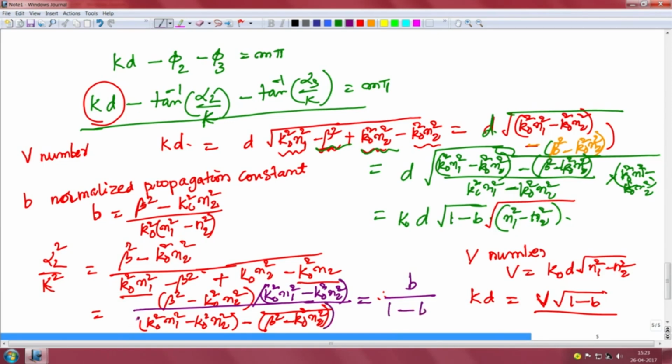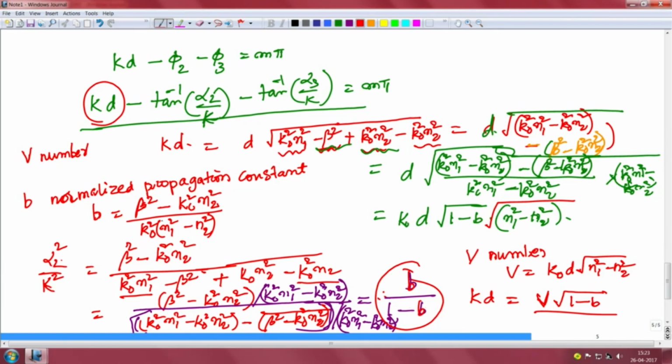Here also I will divide by k0 square n1 square minus k0 square n2 square. So, this entire expression is reducing to beta by 1 minus b, b by 1 minus b. So, alpha 2 square by k square is equal to b by 1 minus b. So, only one constant b.